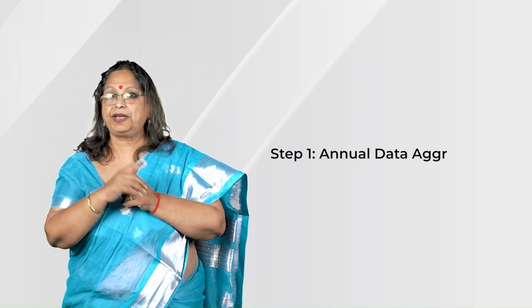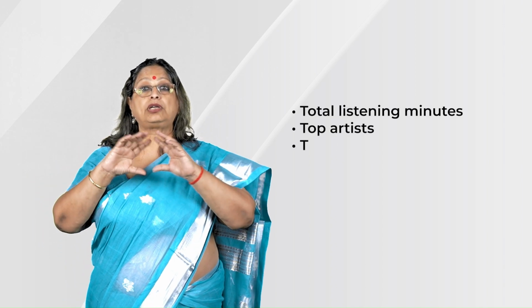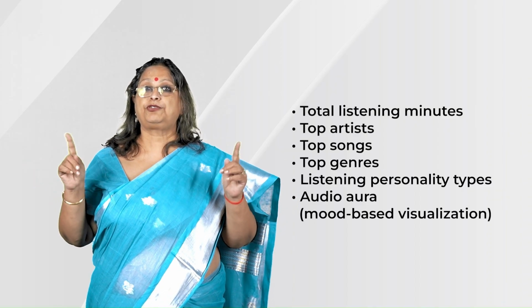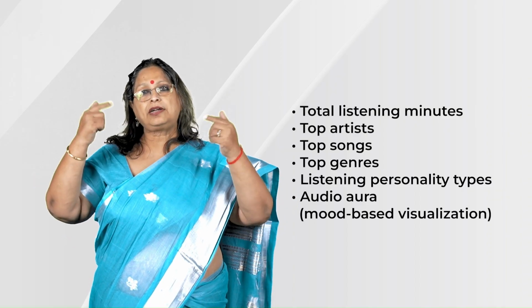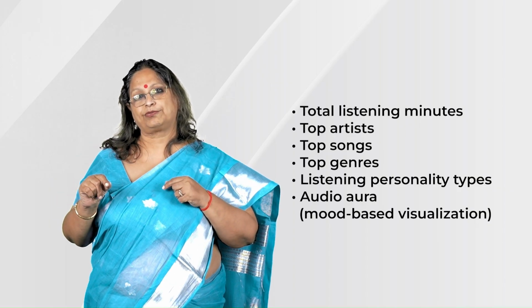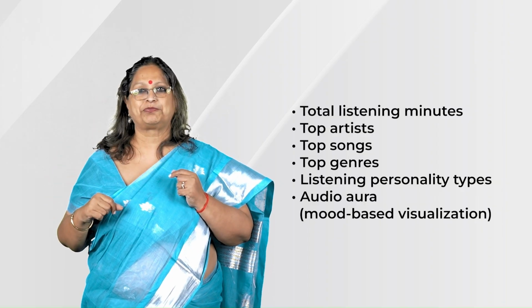Step 1 in this would be annual data aggregation, right? Spotify aggregates total listening minutes of a particular person throughout the year. What are the top artists that a listener is listening to? What are the top songs that he is listening to?